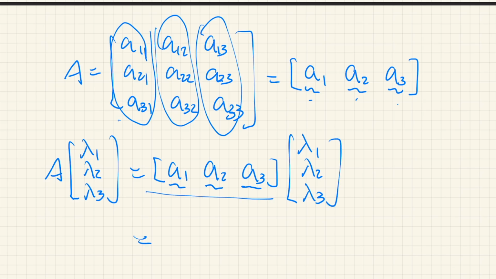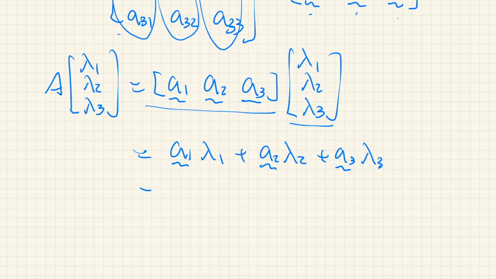So this is a 1 by 3 matrix, and this is a 3 by 1 matrix. So the result is A1 lambda 1, A2 lambda 2, A3 lambda 3. Well, usually we put the scalars first before the vectors. So usually we write it like this: lambda 1 A1, lambda 2 A2, and lambda 3 A3.